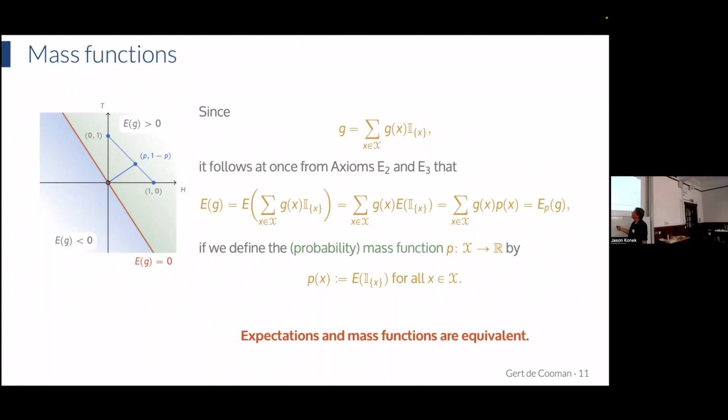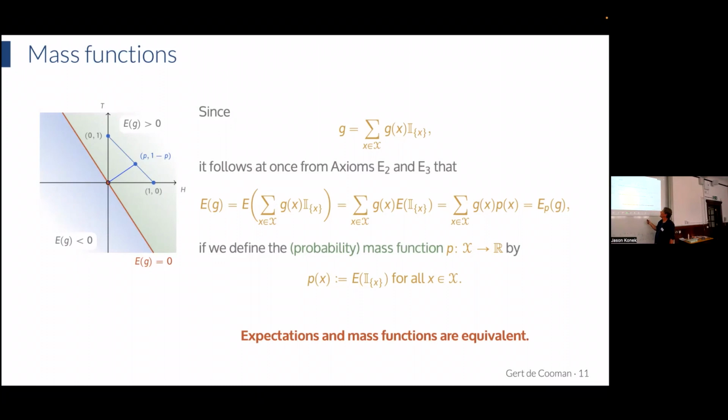Here, (1, 0) is the unit vector in the heads direction. And it is one of the standard elements of the standard basis of this linear space. It's just the simple unit vector here. This is the indicator of heads. This is the indicator of tails.